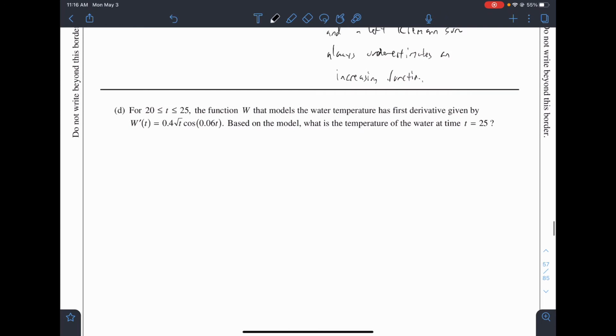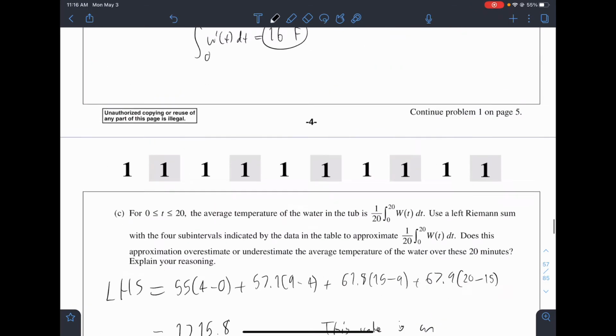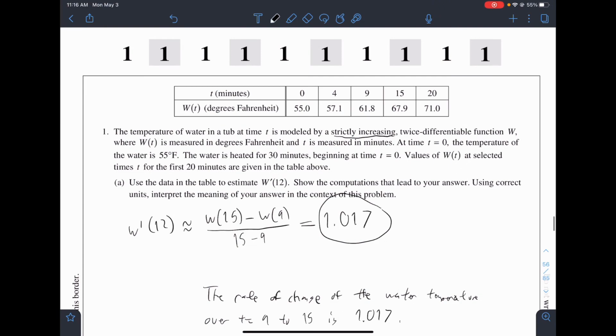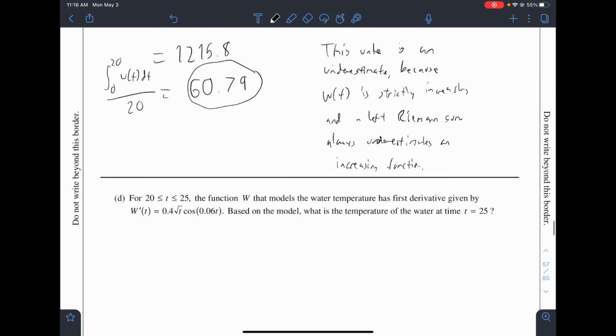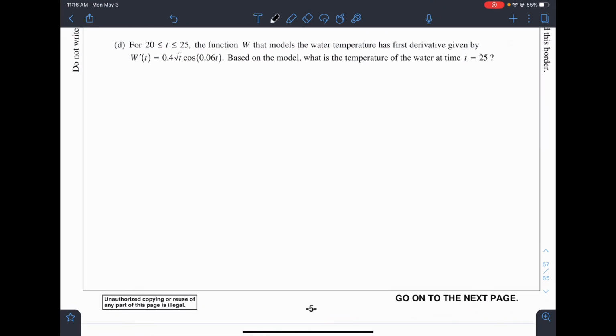Okay, so for question 1D, we're given a function W prime of t, and we want to find W of 25. So this isn't really given in the table, but we can make another start plus change problem, because we have W prime of t. So let's formulate this.